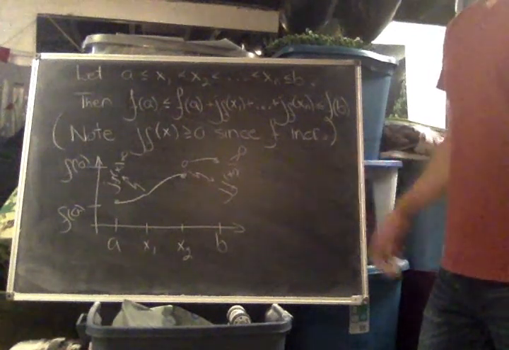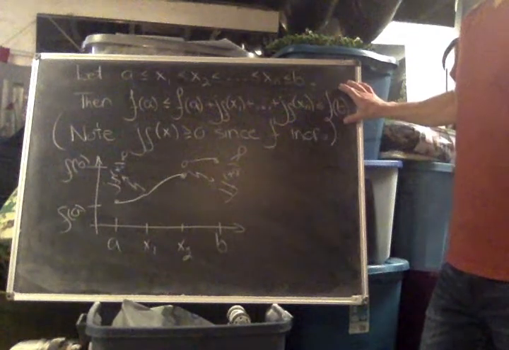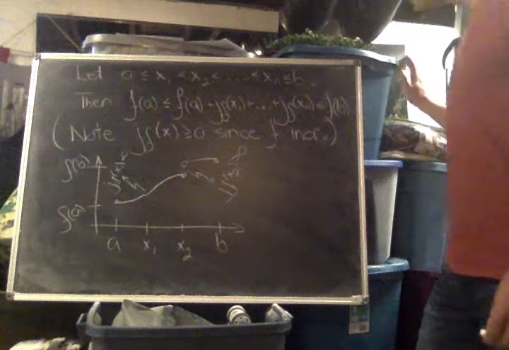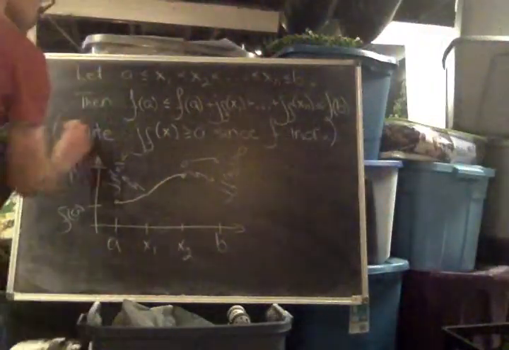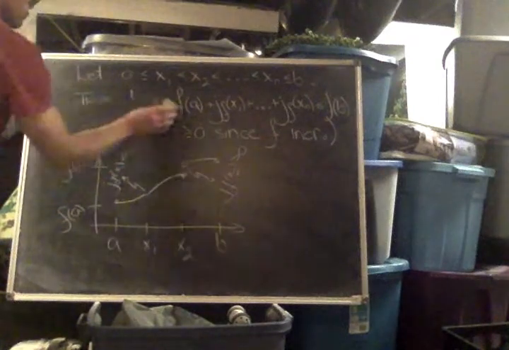So now, let's take this inequality, and what we're going to do is just subtract f(a) from both sides here. That's a more convenient way to look at it.